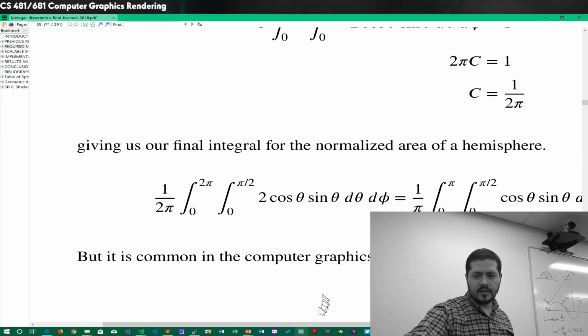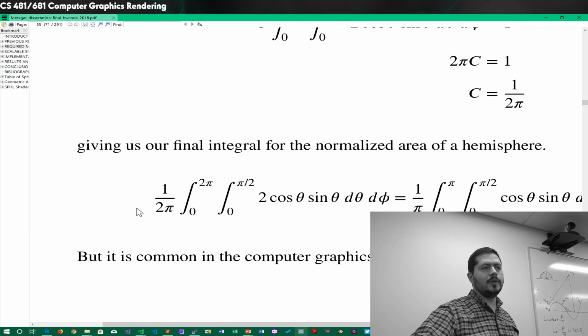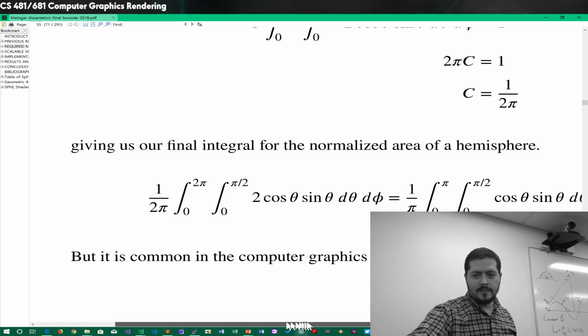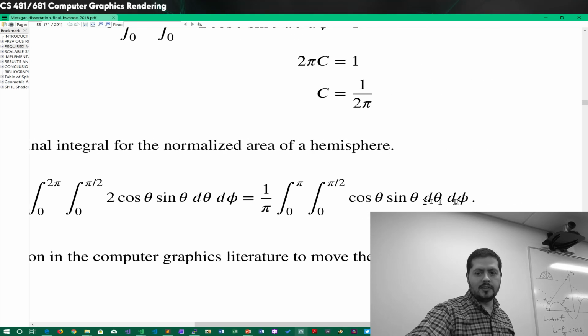Now, here's the reason why we have 1 over pi. It's because when we multiply 1 over 2 pi times this integral, you'll notice the 2 disappears, and now we're left with this integral.